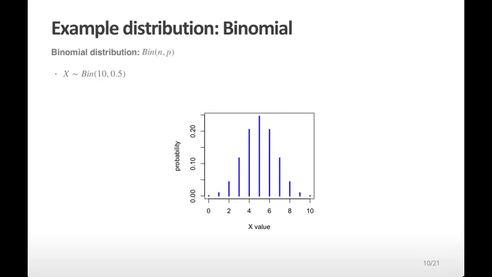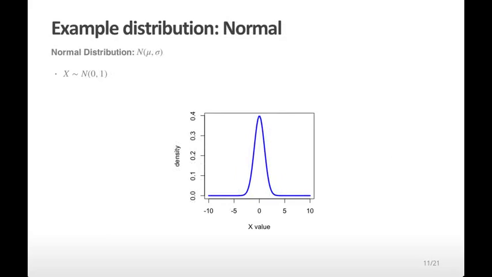Another example of a distribution is the normal distribution. Here, it's not a specific value that's being parameterized as a probability, but rather it's specifying probabilities for ranges of variables. So a normal distribution has two parameters, mu and sigma. Mu represents the mean of the distribution, and sigma represents the standard deviation.